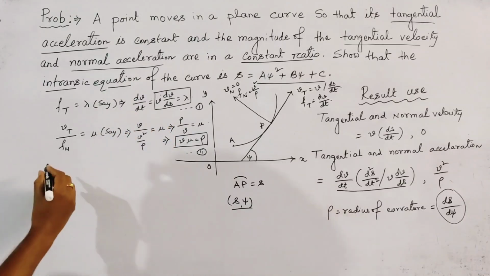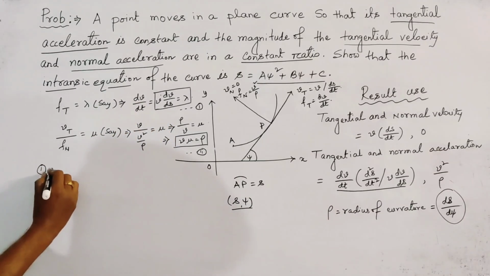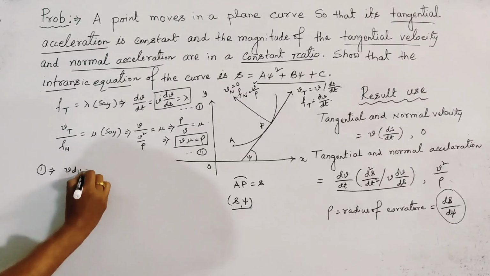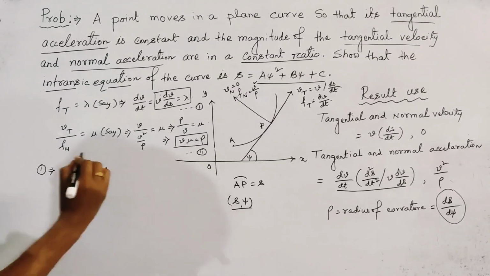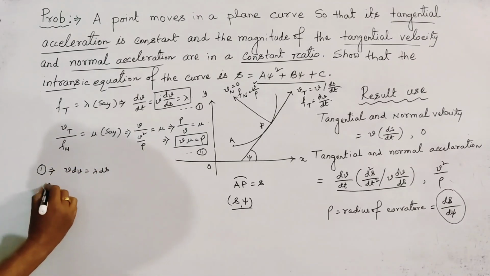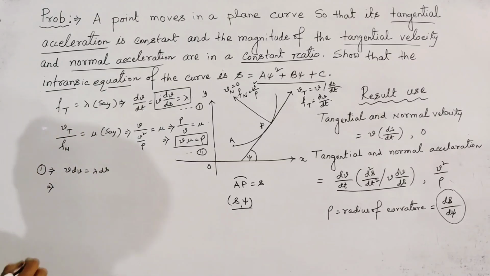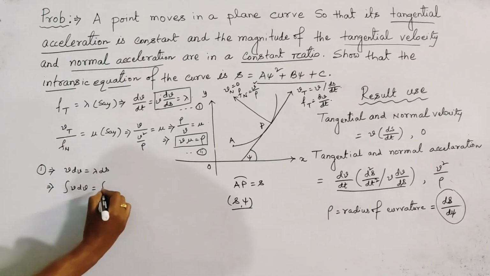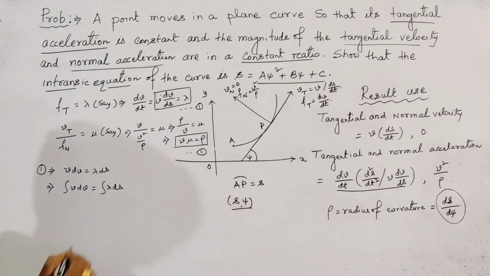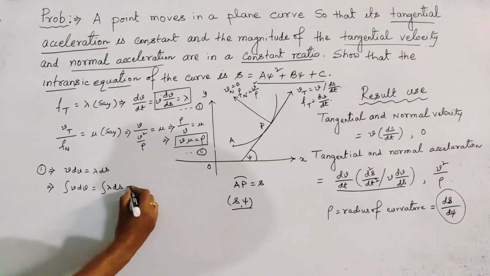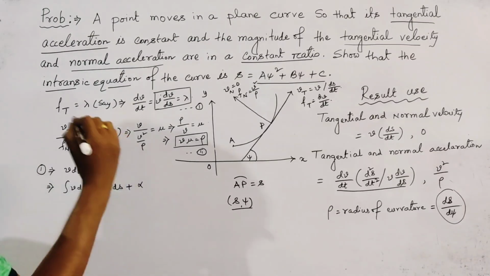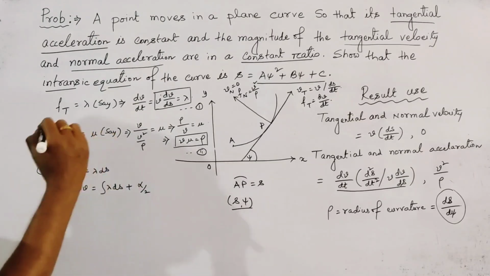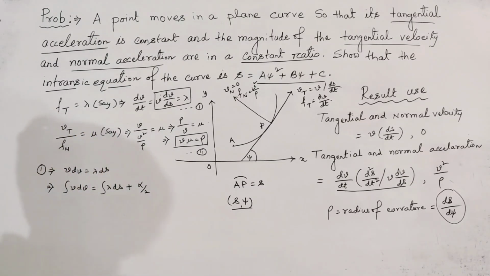Now from relation 1 we write V dV equals lambda ds, and integrating this relation we get the integral of V dV equals the integral of lambda ds, and we put an integrating constant, alpha by 2 for simplicity.